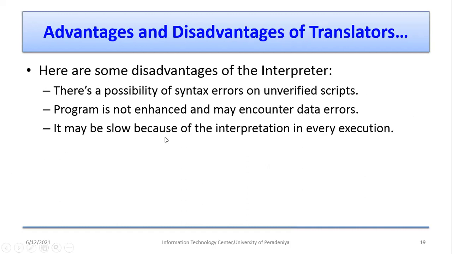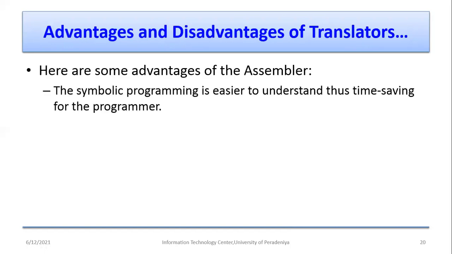It may be slow, because the interpretation has to be done in every execution. In the compiler case, the compiler takes the whole program and converts it into machine code, and then the machine code remains.